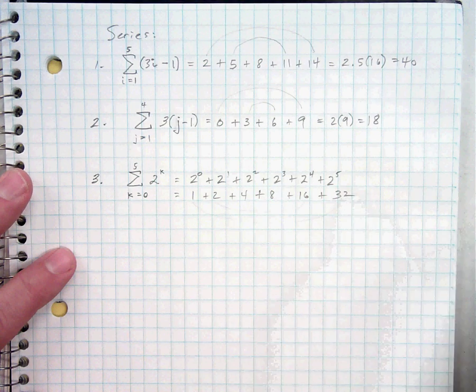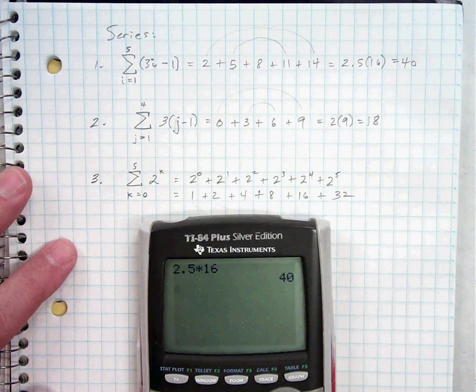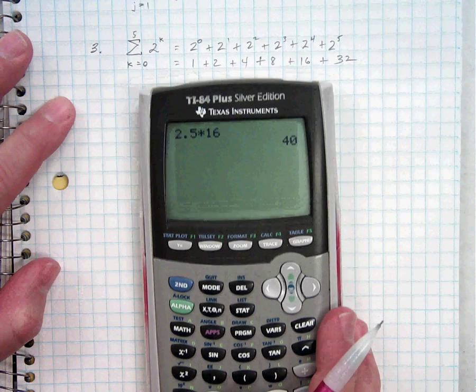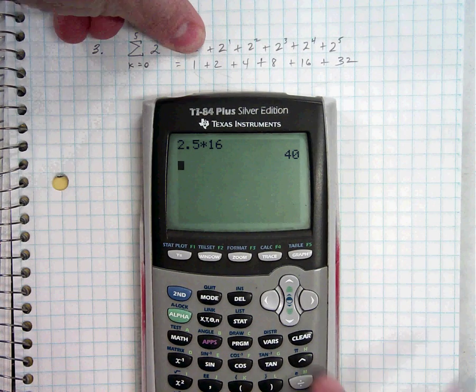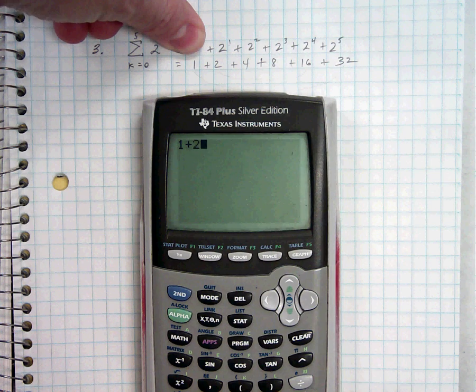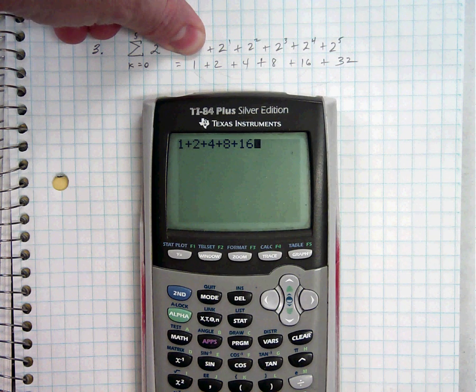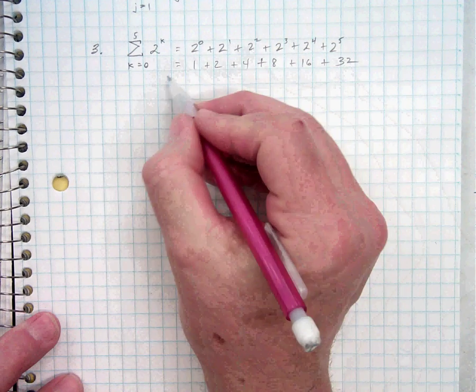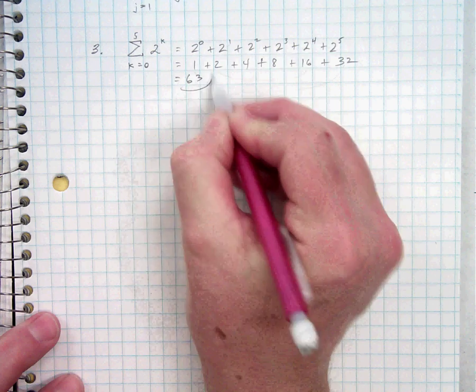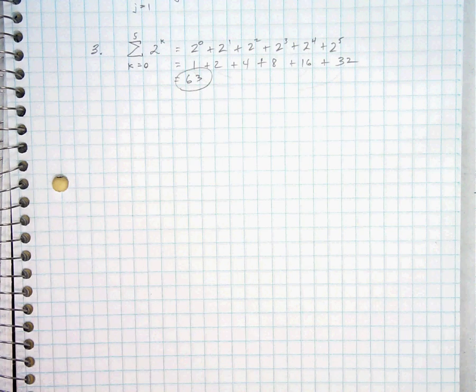So let's see what we get when we add them up. 1 plus 2 plus 4 plus 8 plus 16 plus 32 is 63. So the answer is 63.